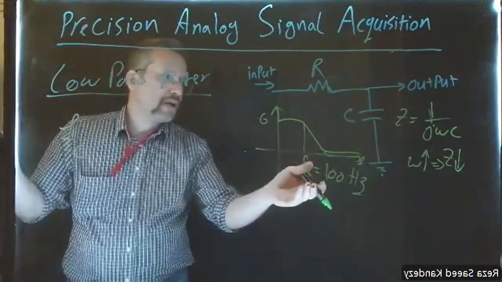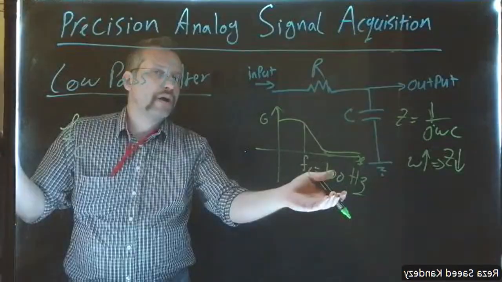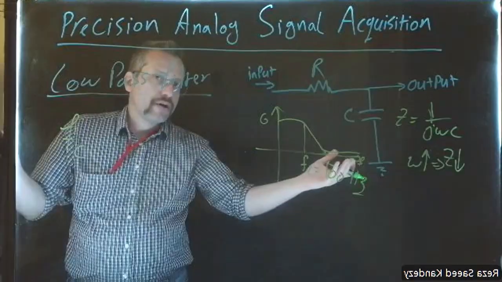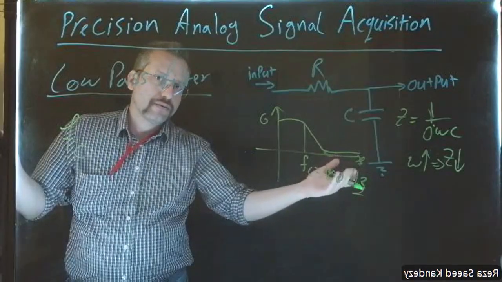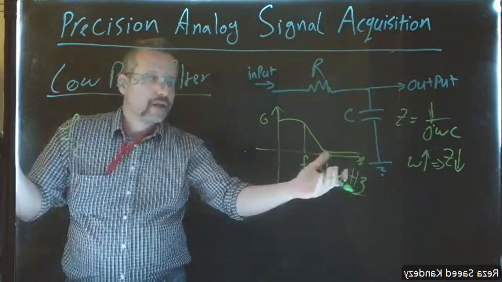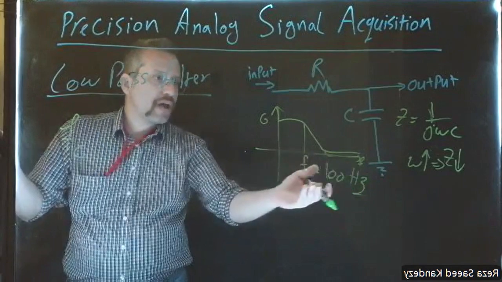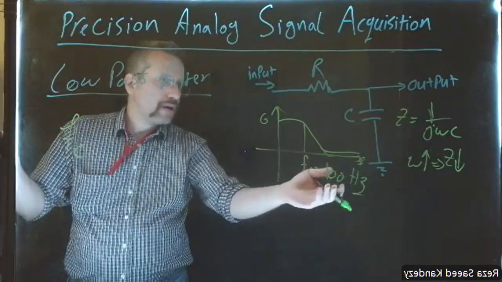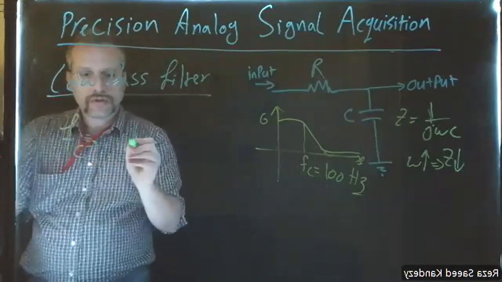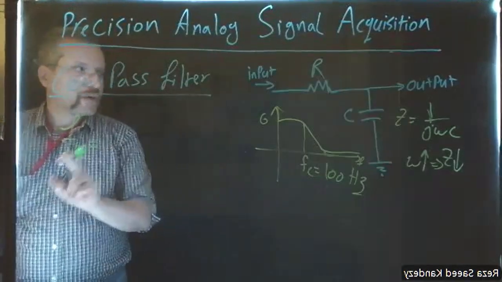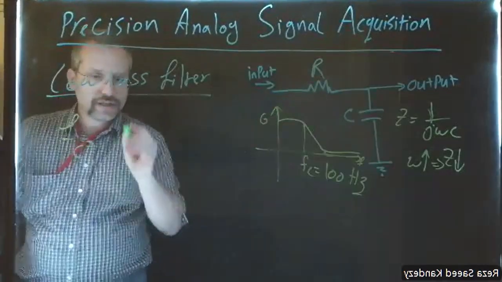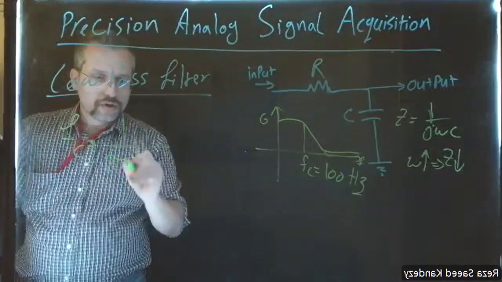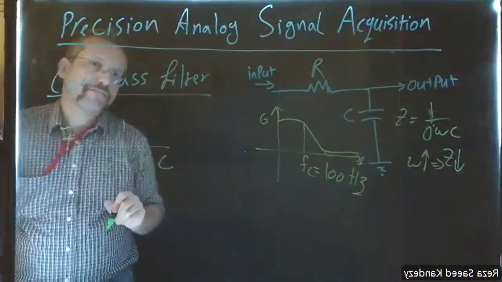So we set the cutoff frequency at 100 hertz. You could set that to your desired value. This is an example. Now, if we set the cutoff frequency to a certain value, the relation between the cutoff frequency and values of R and C is that the cutoff frequency is equal to 1 over 2 pi RC.